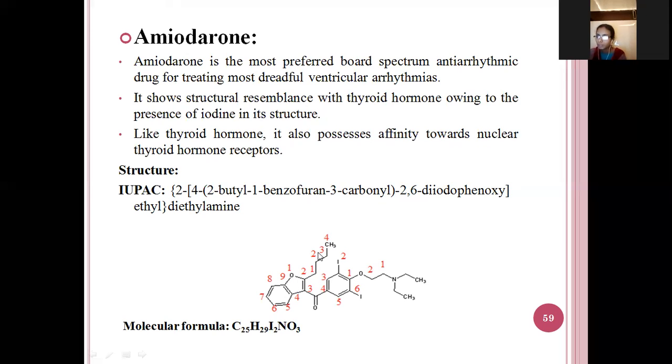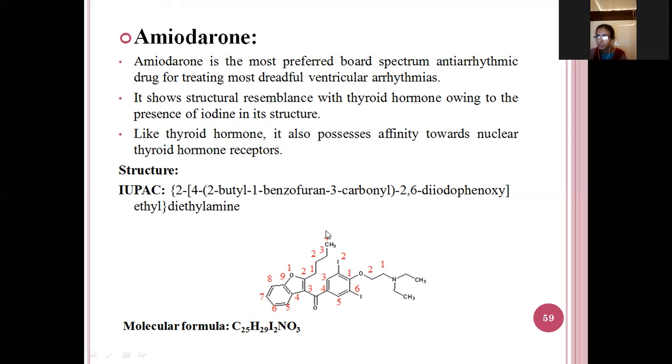Here 4 carbon atoms are there, so it is named as butyl. And this is the third position where the carbonyl group is attached. Here is the phenyl, and in the second and sixth positions, iodine is there, so 2,6-diiodophenoxy. Here 2 carbon atoms are there, means ethyl. Here diethylamine.